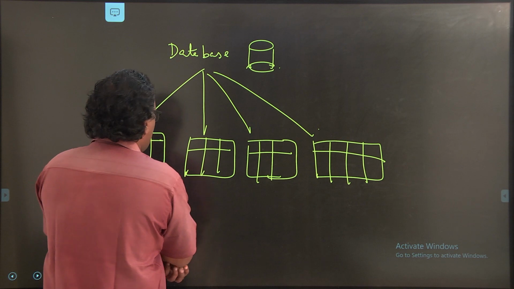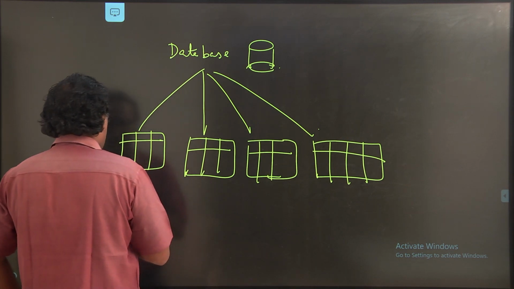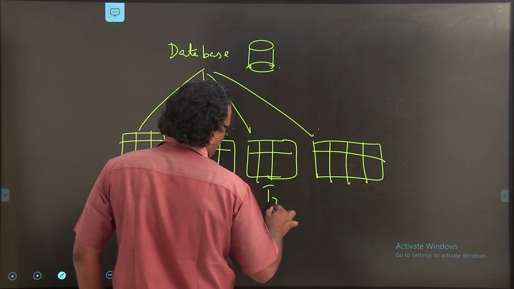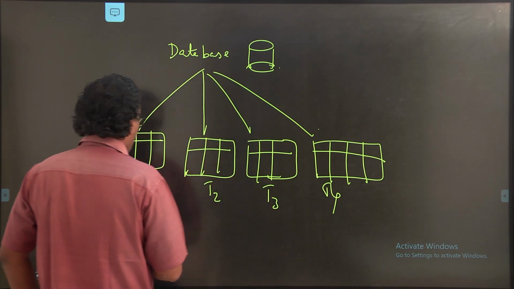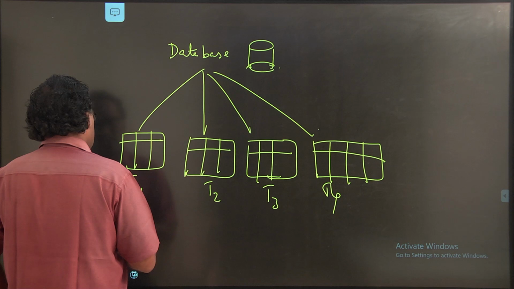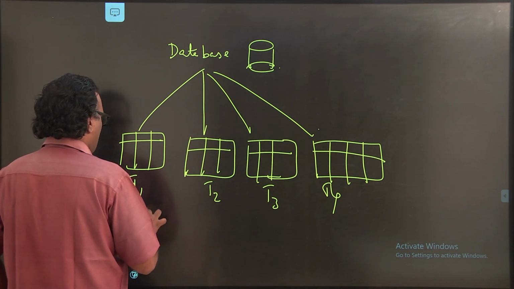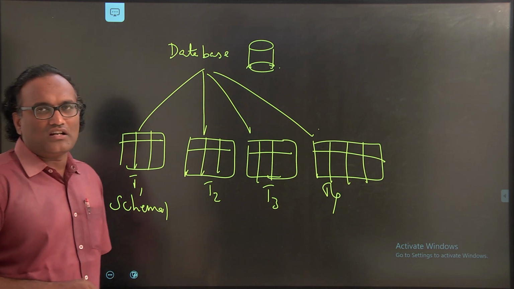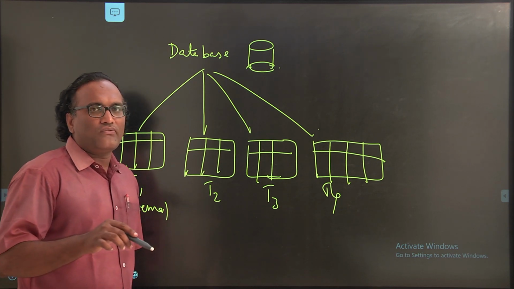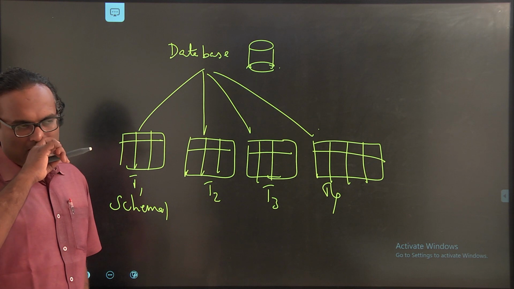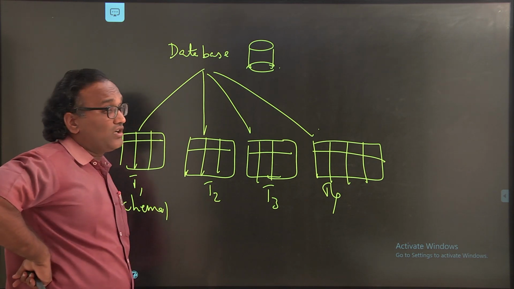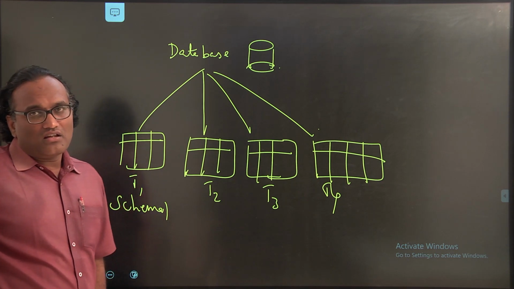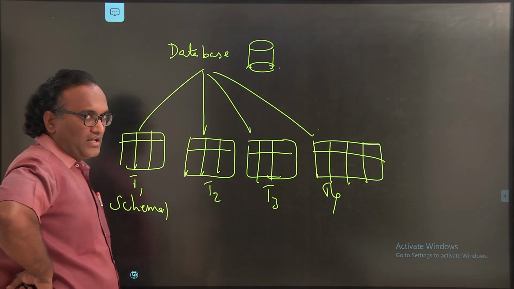You already know the relational schema, right? For example, T1 of id int, name string, like that, with its domain.